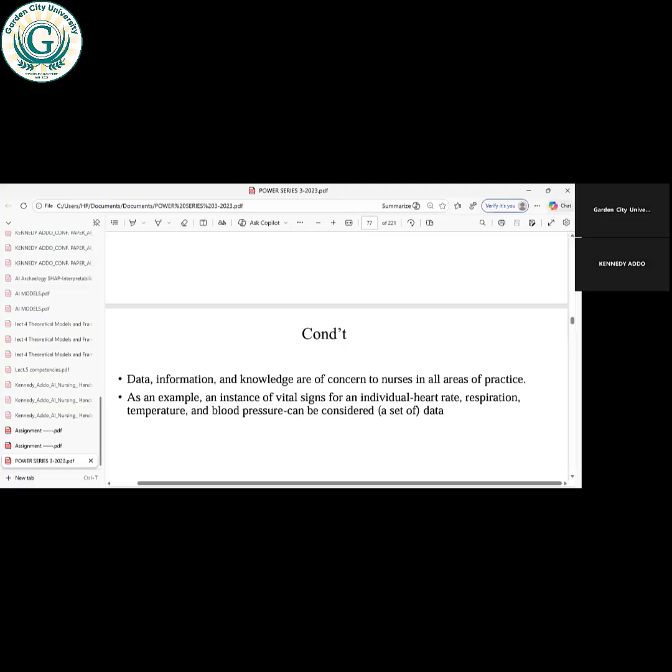Because the moment you ascribe some relevance or significance to vital signs, it now becomes information. So I want you to sequentially look at vital signs and how you can establish a clear linkage among these variables: data, information, and knowledge.